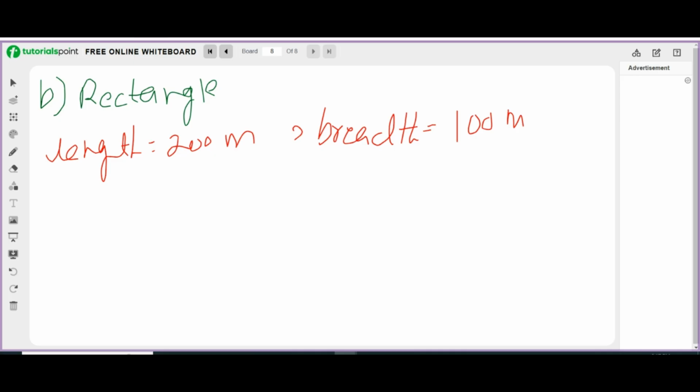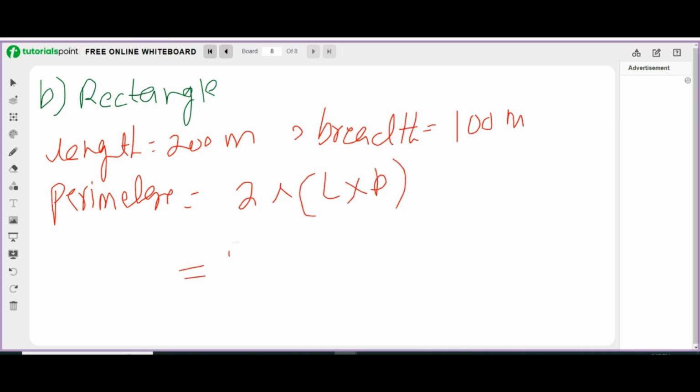And how can we find the perimeter of a rectangle?